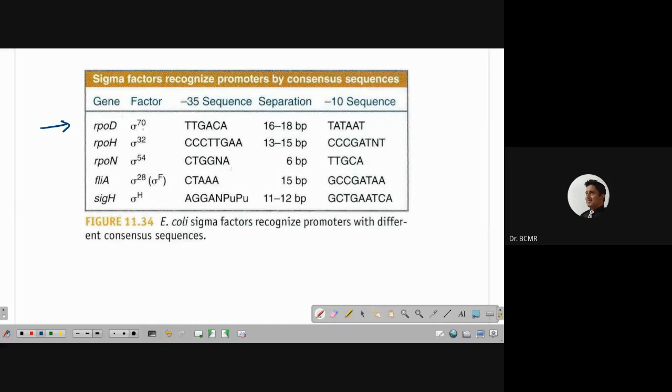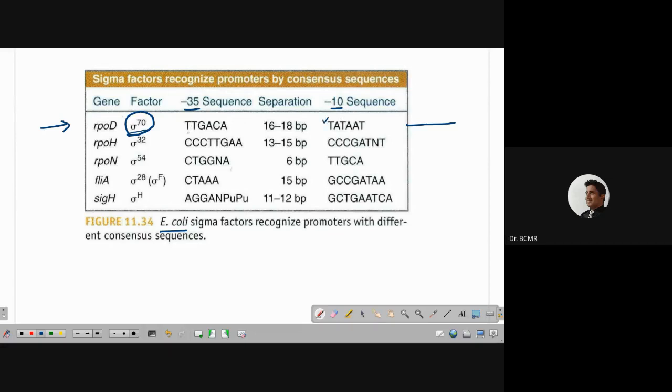RPOD, this is for E. coli, okay? This is the housekeeping sigma factor, for when all the conditions are good, and the majority of the genes have sequence similarity. You can see -10 and -35. Most of the housekeeping genes have consensus sequences.